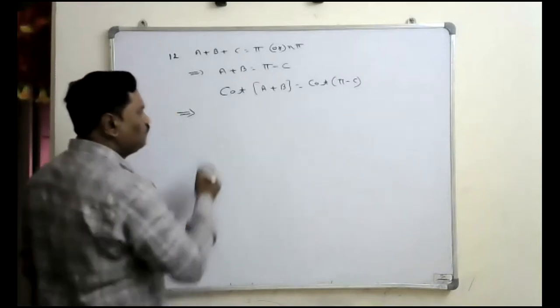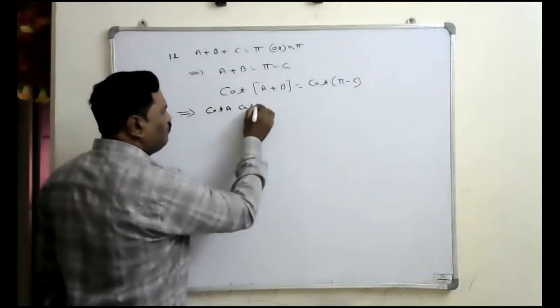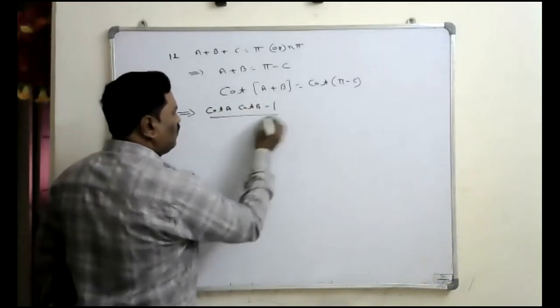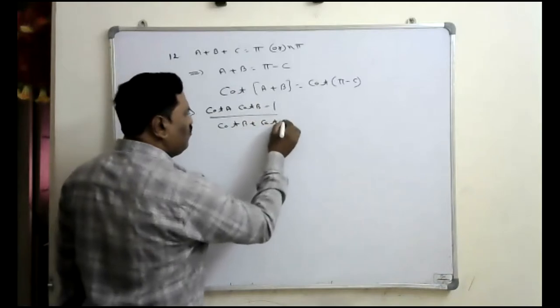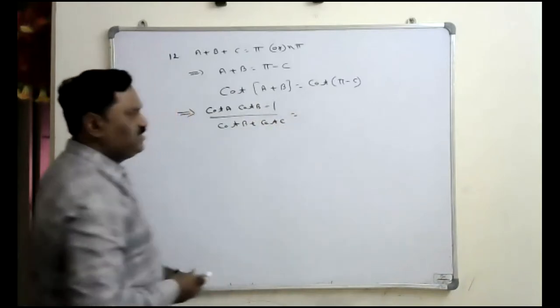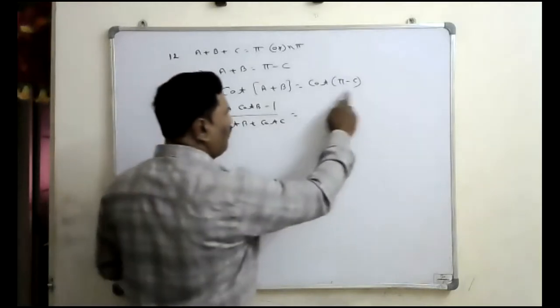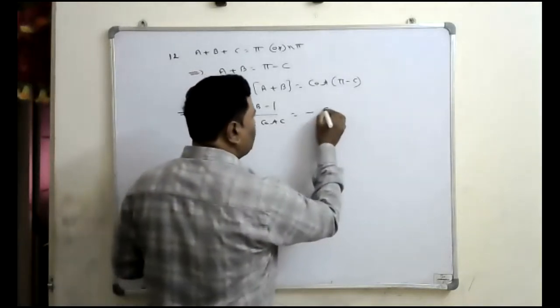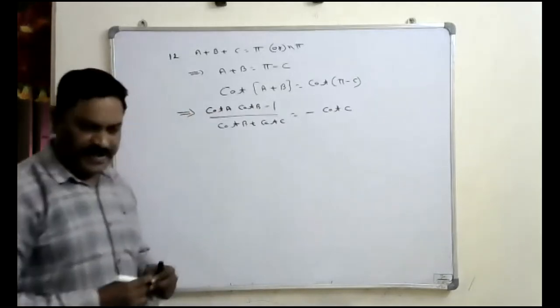Cot A plus B is cot A cot B minus 1 upon cot B plus cot A, is equal to cot of pi minus C. What is the cot of pi minus C? It is minus cot C, because pi minus C is an angle in the second quadrant, where cot is negative.